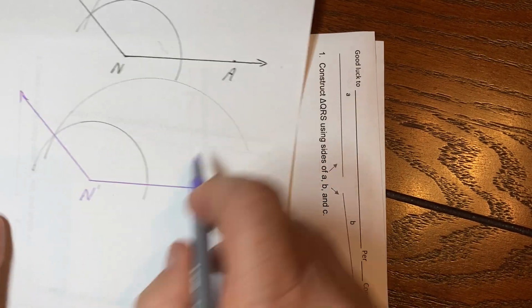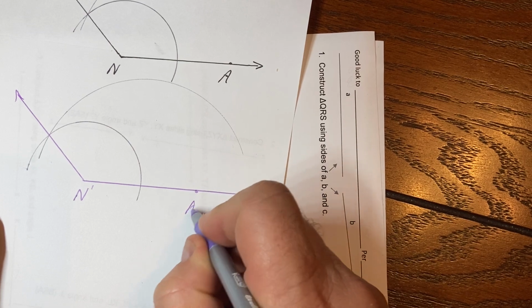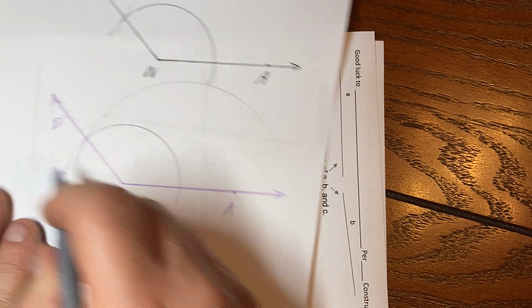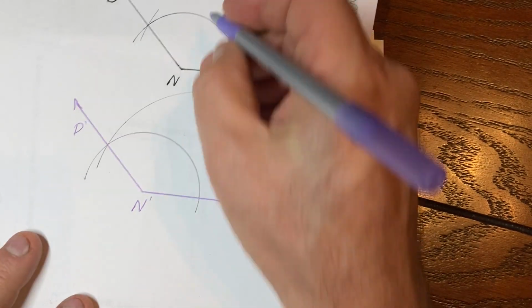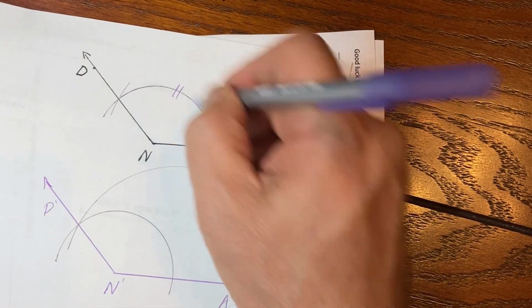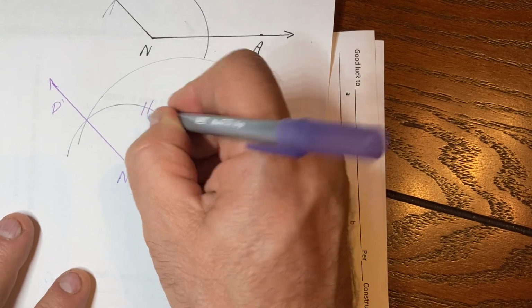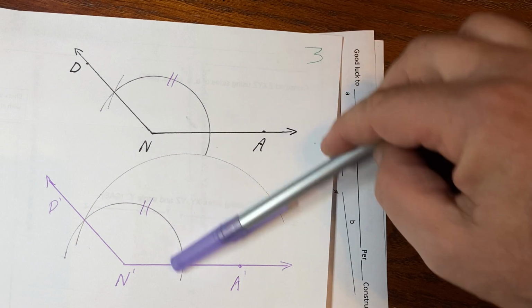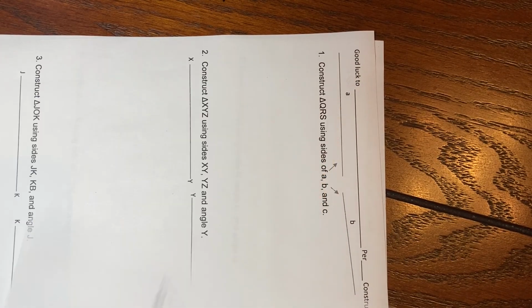So N prime, A's over here somewhere, D's over here somewhere, and put an arrow. Construction's done. We just need to put that arc is going to go to this one. Done. We just copied this angle. Copy an angle. Done.